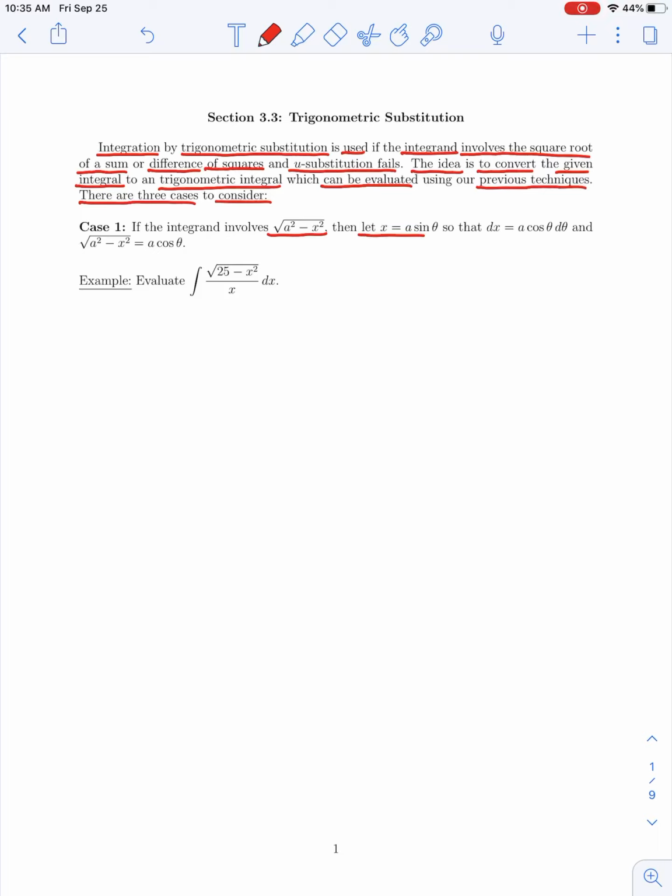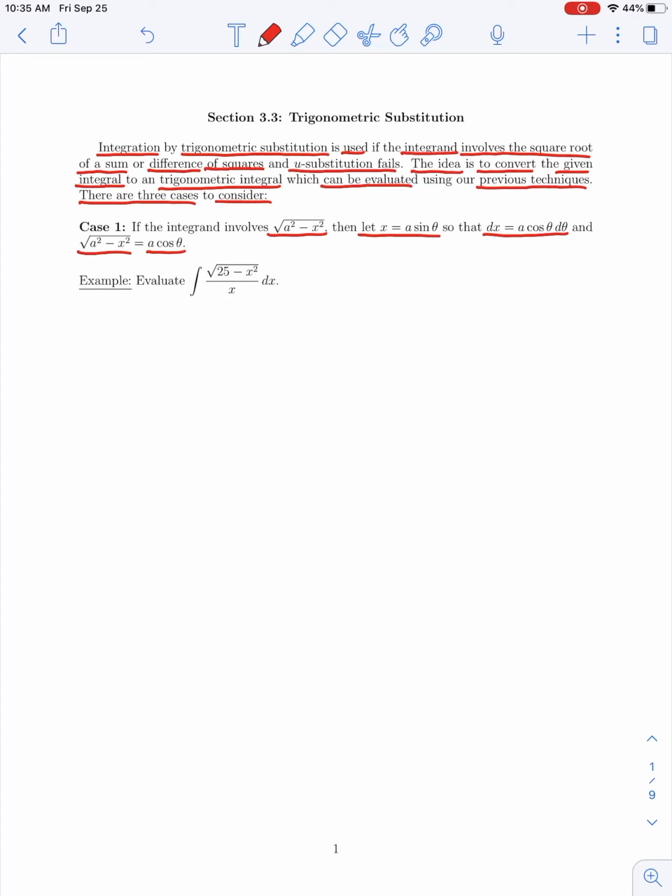We're going to let x equal a times sine of theta, so that dx, the differential of x, would be a cosine of theta times d theta. Now, let's see why we do this. This square root expression that appeared in our integral, the square root of a squared minus x squared, I claim can be reduced to a times cosine of theta.